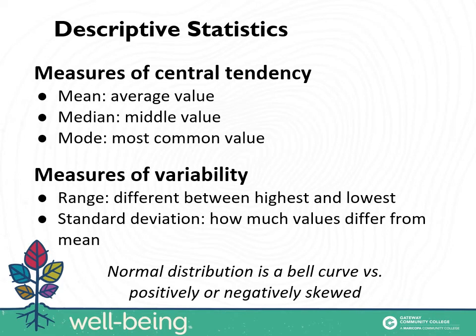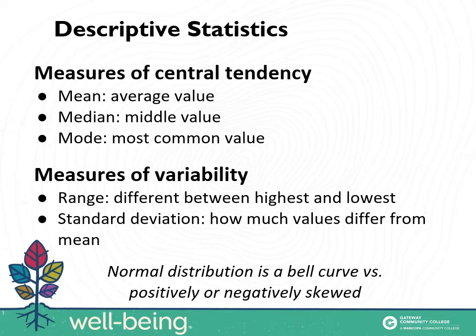So descriptive statistics, these are some terms to become familiar with. The measures of central tendency, that's what's in the middle, and you saw in the video that it's described graphically by a bell curve. So a normal distribution is a bell curve, where most of the values are close to the average or the middle value.